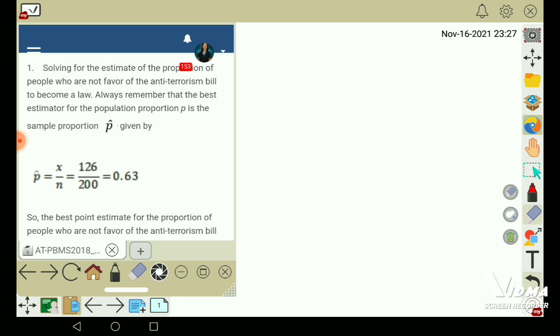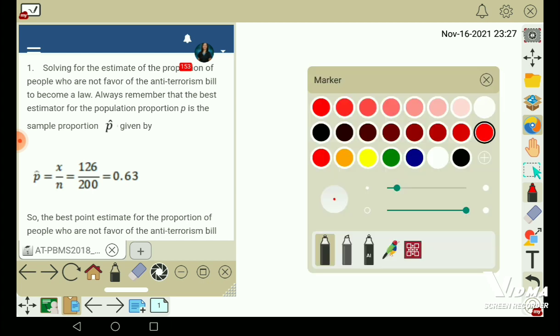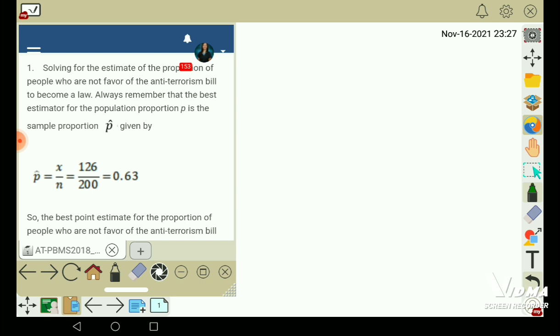So 126 divided by 200, your sample proportion is given by 0.63. These are those who are not in favor of the anti-terrorism bill. So for p hat, those who are not in favor, we have 0.63, or 63%.